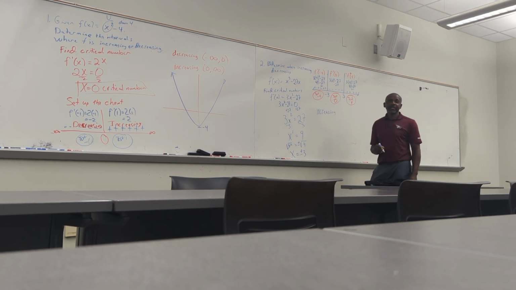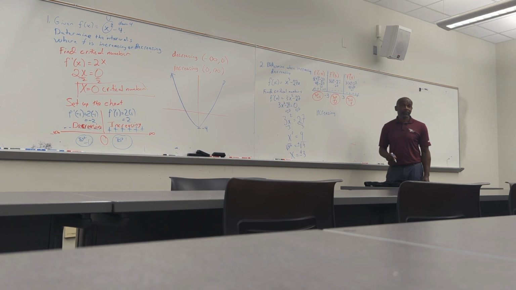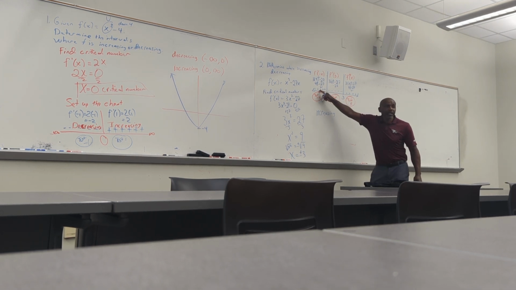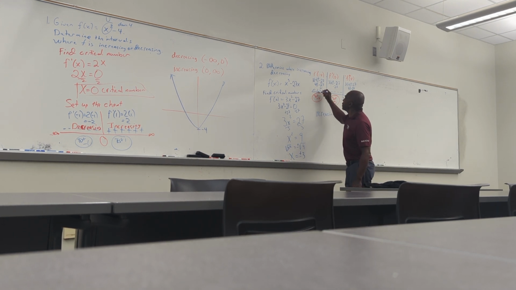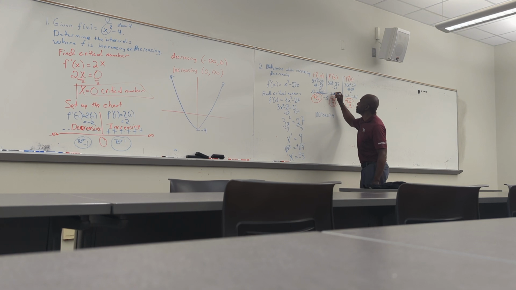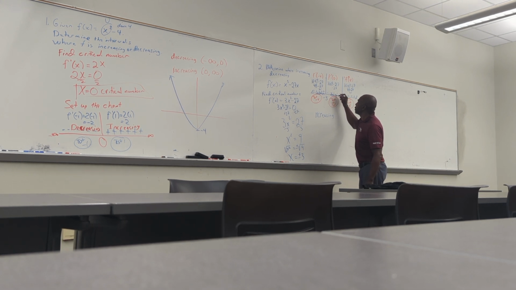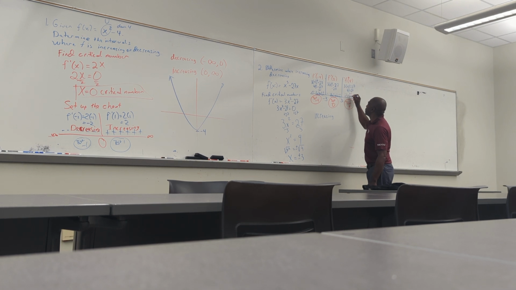So y'all should be able to tell me now, where's the graph increasing? What's the graph doing right here at negative 4? Increasing. So y'all know this is increasing right here, yes, no? What's the graph doing in between here? Decreasing. What's the graph doing here? Increasing.